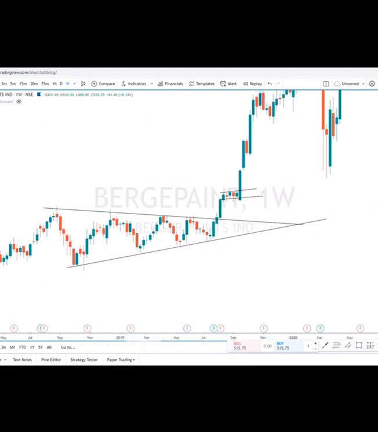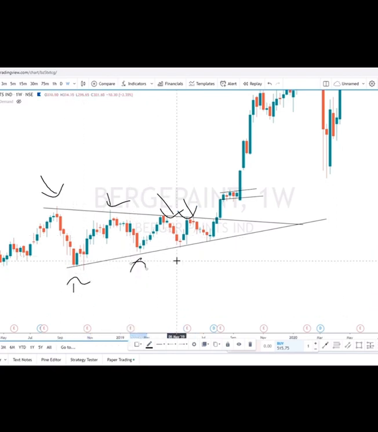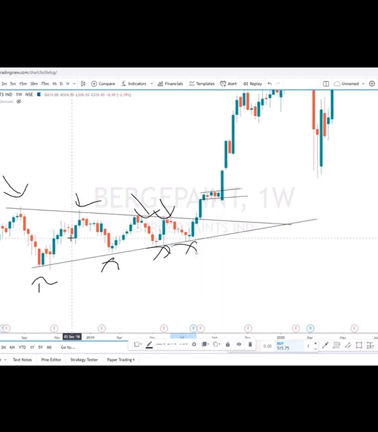And the psychology is, you must be knowing right now, sellers, buyers, and then there is a winner, and that winner is. And also what you can notice here is that whenever there is a selling momentum, it is very low.